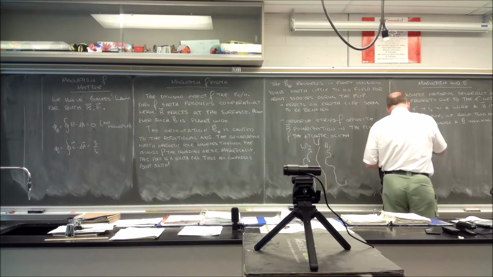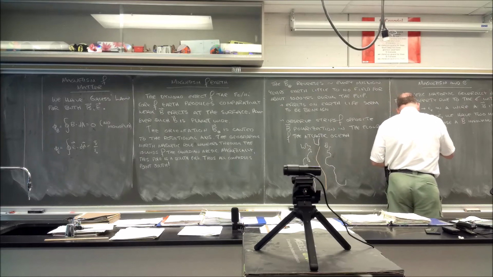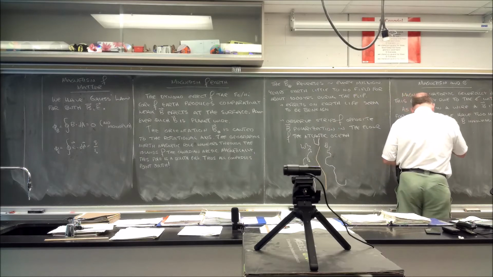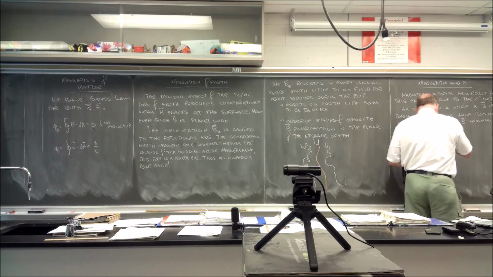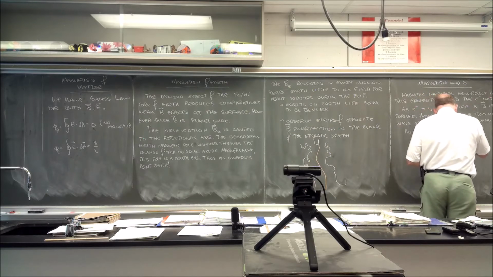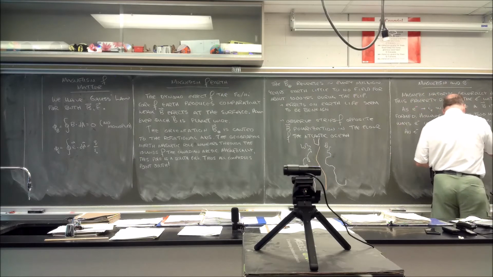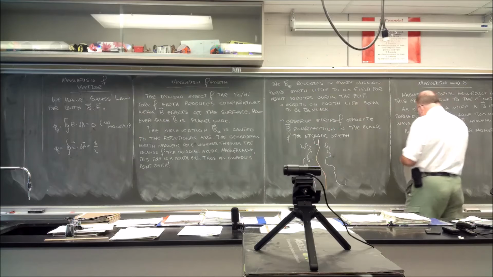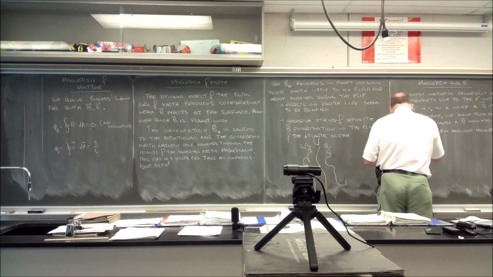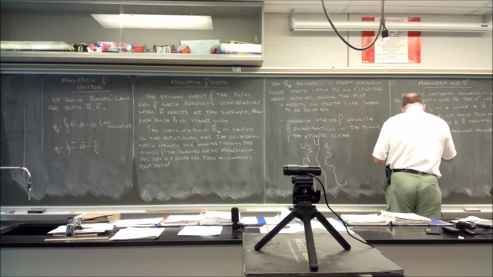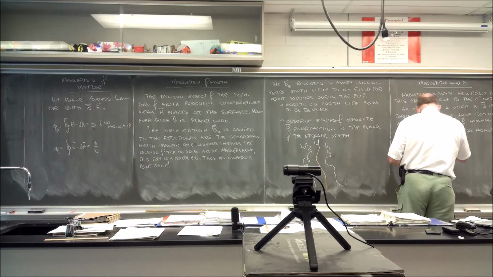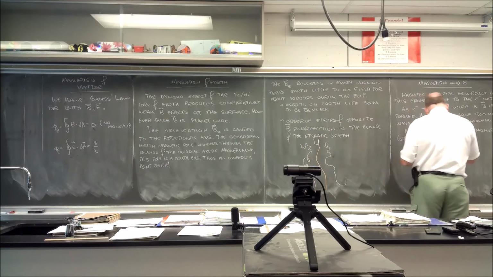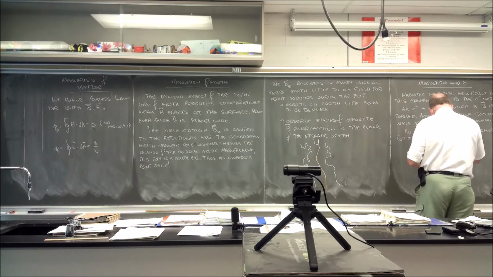An electron has spin, angular momentum, or simply spin, and we will use the capital S with a vector to describe this.